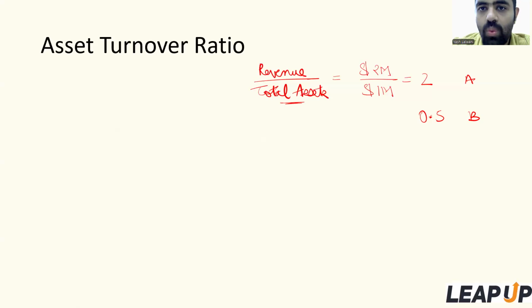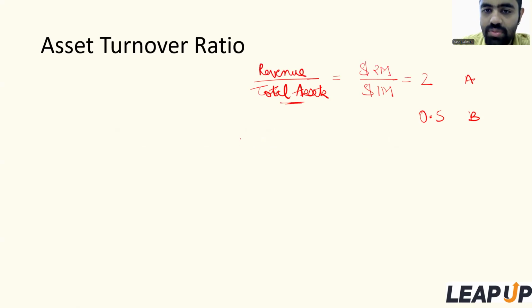Now, can we straight away say there is a number that could be used as a benchmark, that above this the asset turnover ratio is good and below that number it is bad? How do we judge what a good asset turnover ratio looks like?